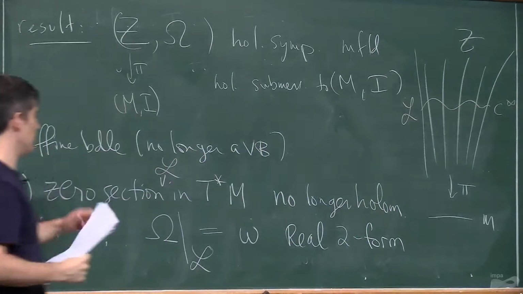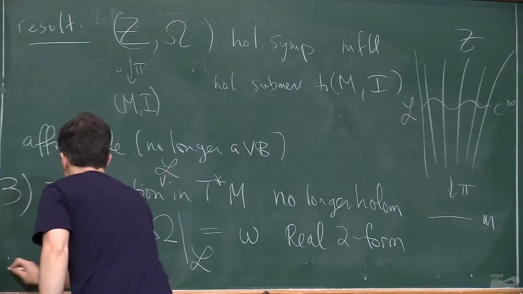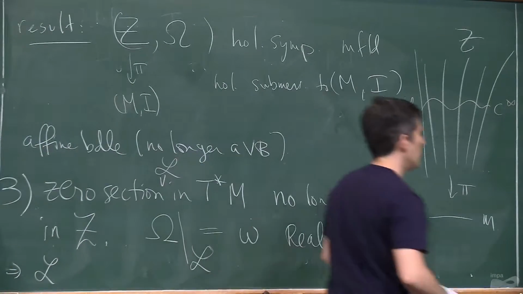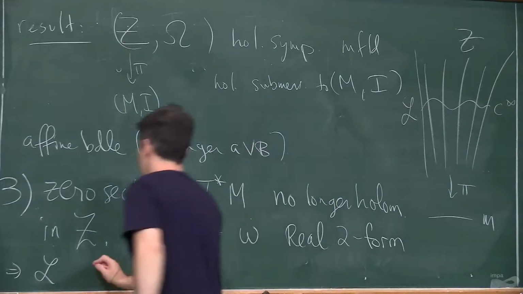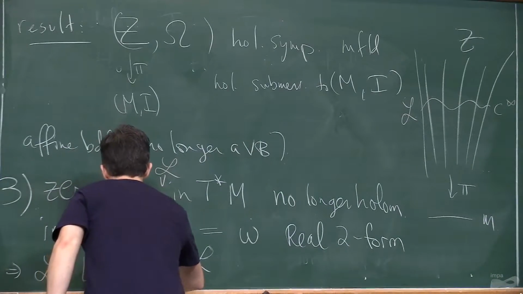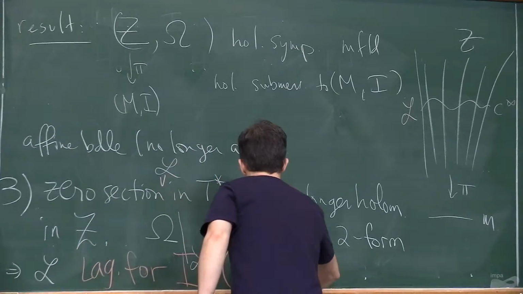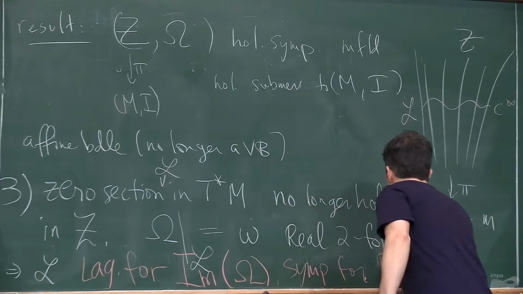So the important thing is that L is a Lagrangian for the imaginary part of omega, and it's symplectic for the real part of omega.